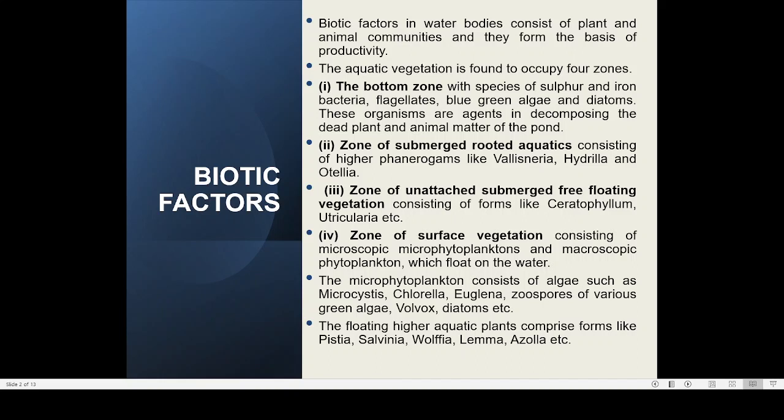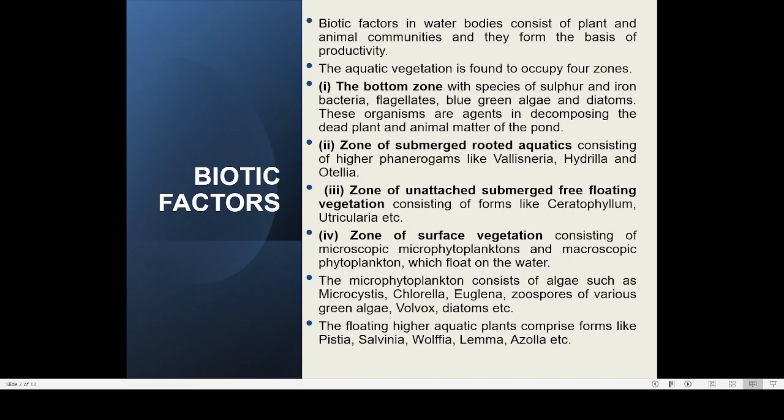Very small type. Then chlorella is there. See, this is the microcystis algae. Then I will show you how the chlorella appears. This is the chlorella, another type of algae. Then we have a number of other types.